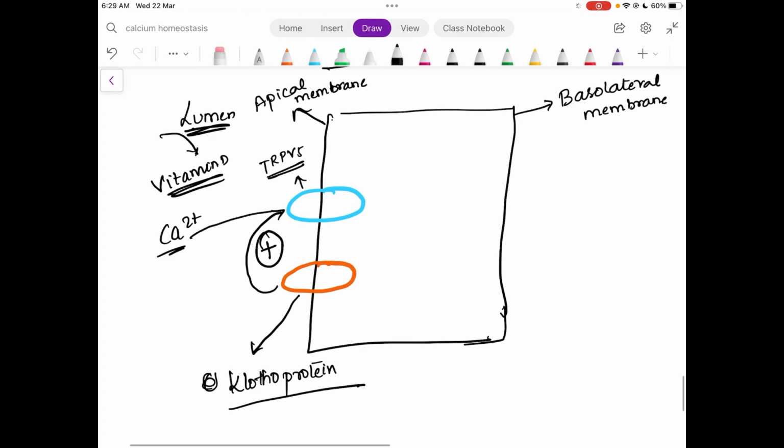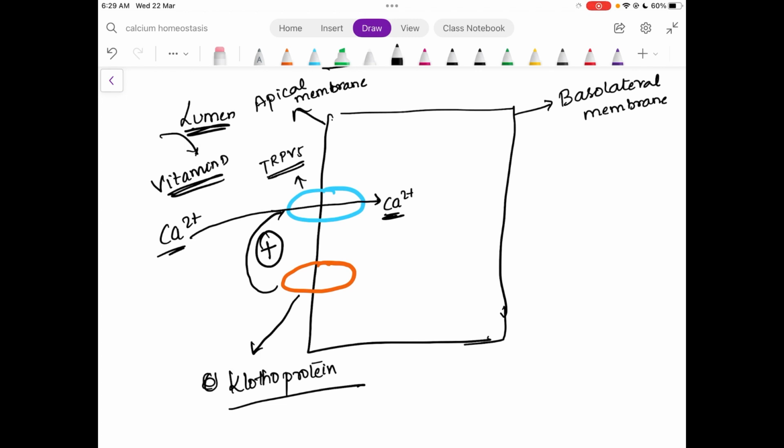Calcium is present in the lumen, and this calcium is absorbed into the distal convoluted tubule cell.